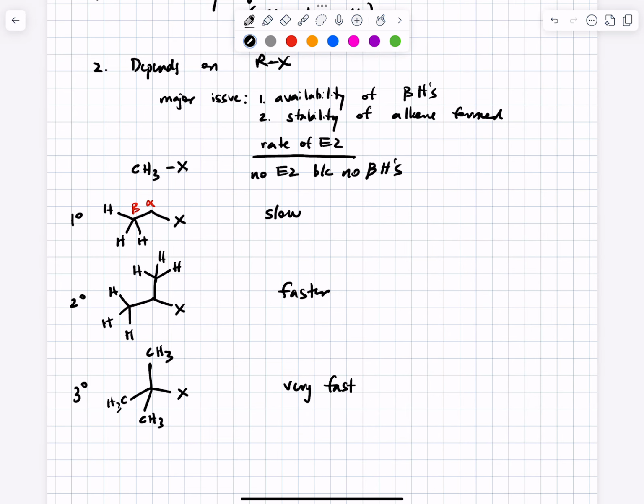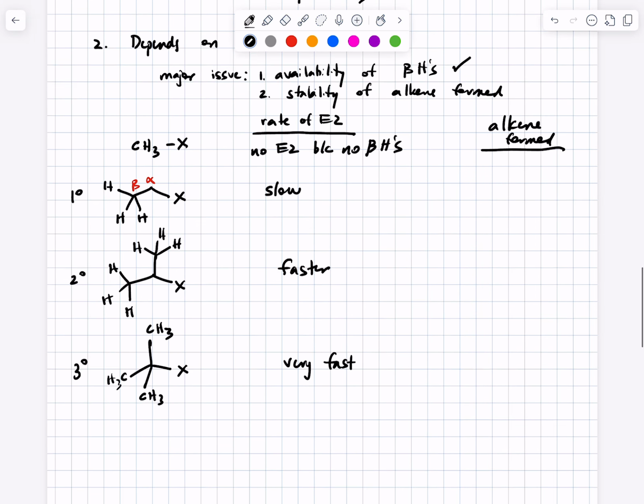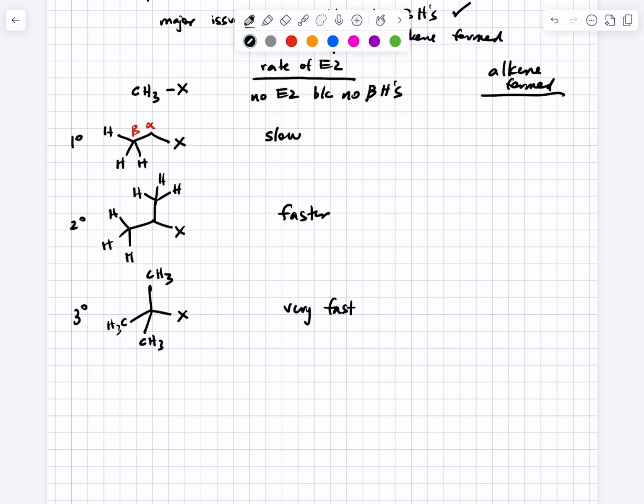It's fast for 2 reasons. First, tertiary alkyl halides have more beta protons. But we can also talk about this in terms of the alkene that is formed in the elimination reaction. In the elimination reaction of a primary alkyl halide, the alkene that's formed tends to look like this. It tends to have a lot of hydrogens on it.